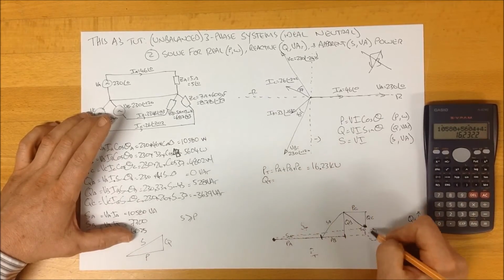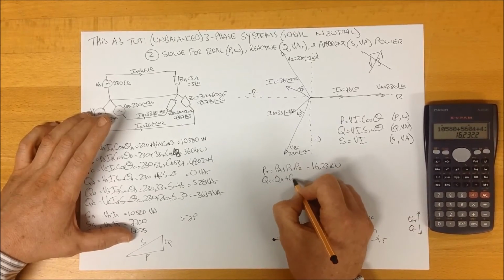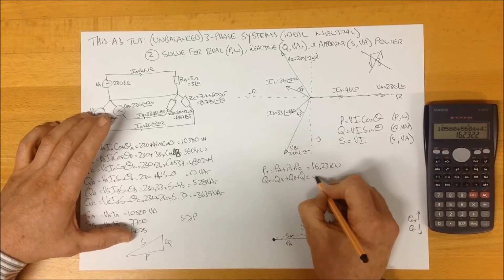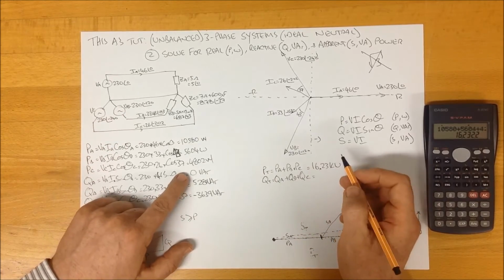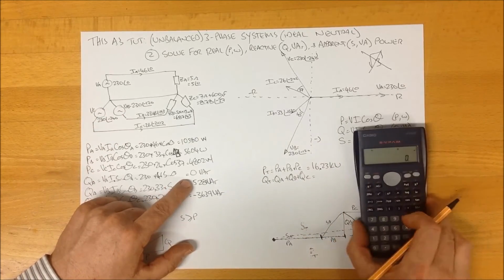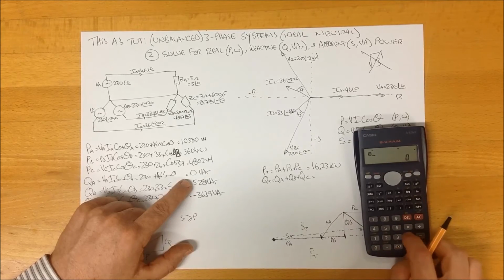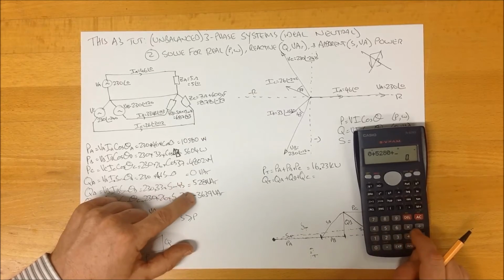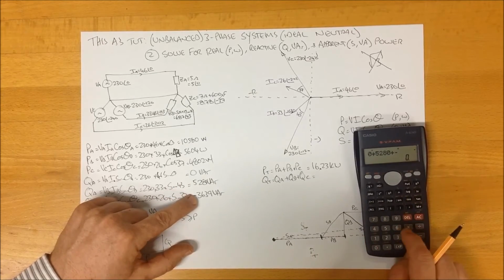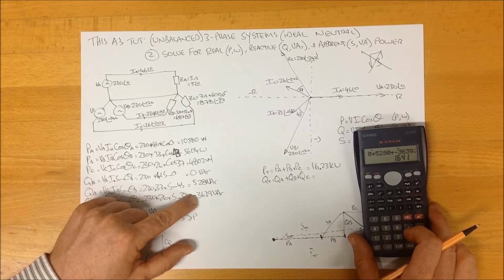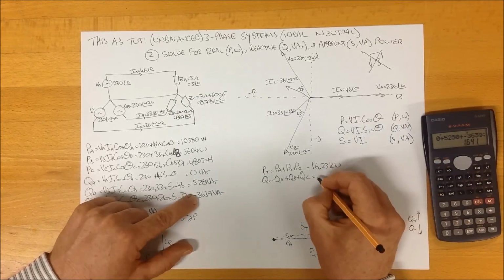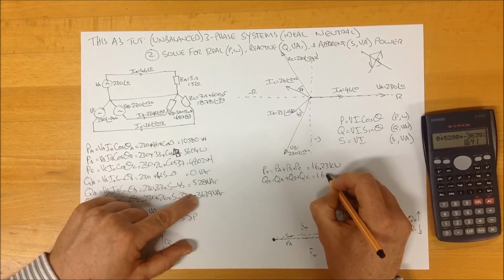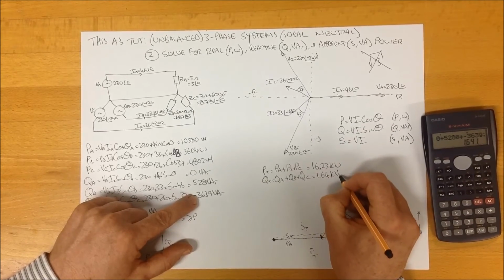QT up here, QA plus QB plus QC, is 0 plus 5,280 plus minus 3,639, which is 1,641, or 1.64 kVAR.